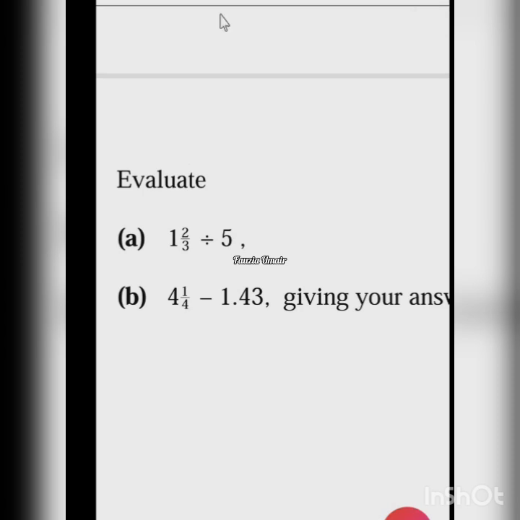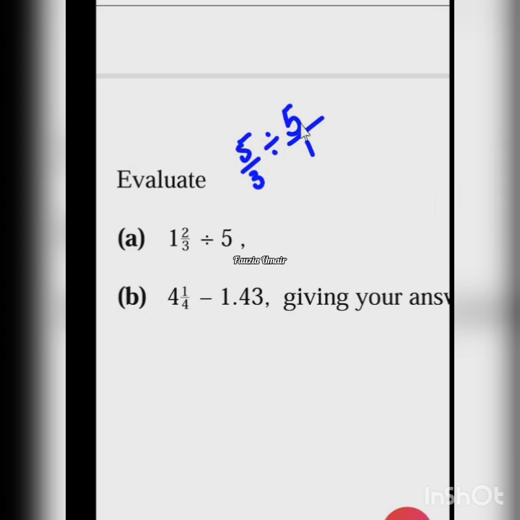So this is 5 by 3 divided by 5. Now what should I do? A 1 under the 5. Then we will flip the fraction and it will be multiplication.